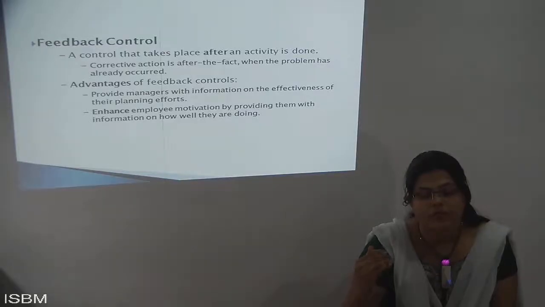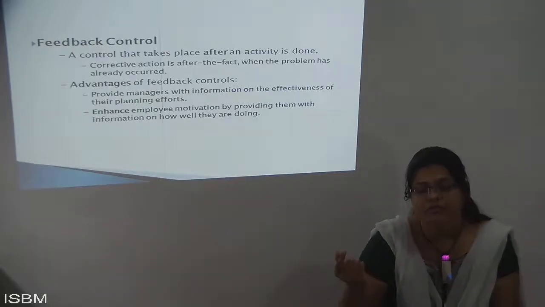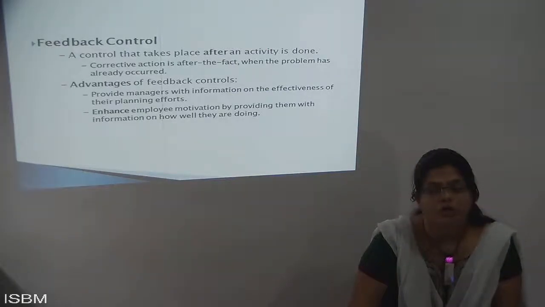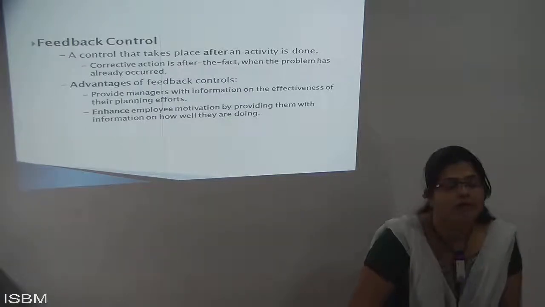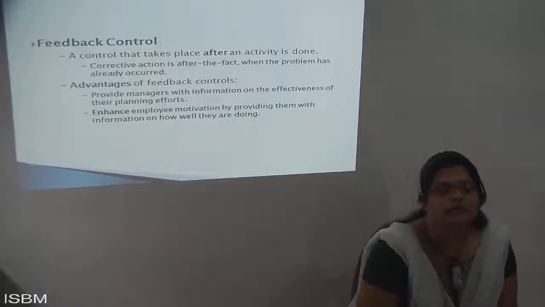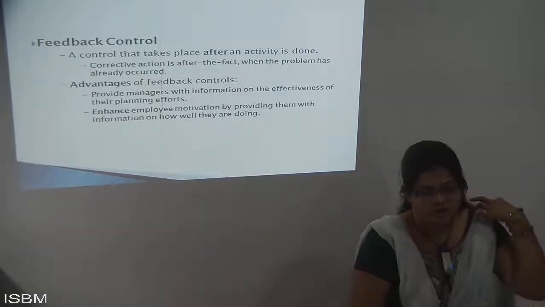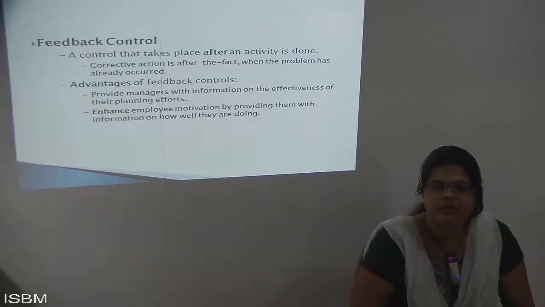Did it move to the extreme level or to the ground level? This is most important when you are doing feedback control. At that time you need to identify whether the employee has been motivated or not, because as you control everything you get good ideas and good thoughts, so you need to identify this also.